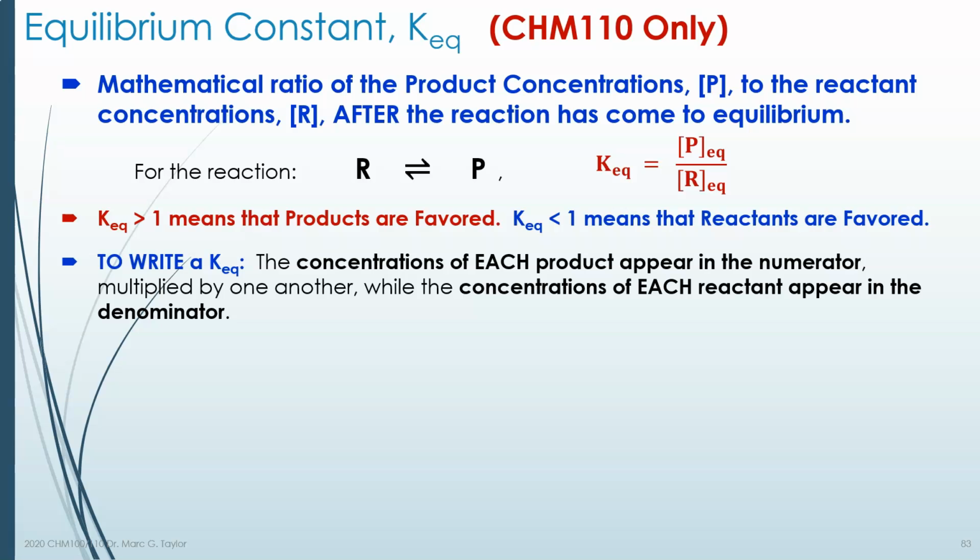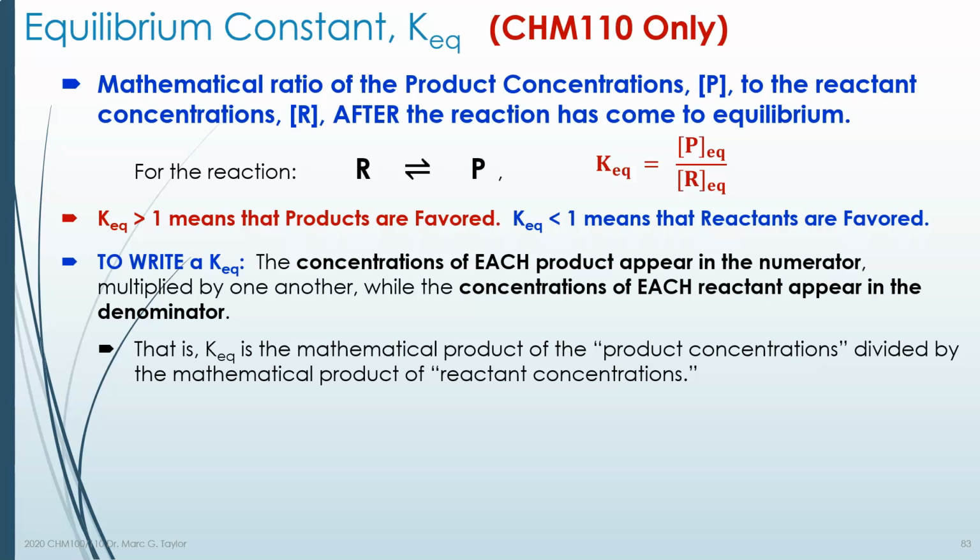While the concentrations of each reactant will appear in the denominator, just like we did in this first example, but you'll multiply each of the ones on the top together, you'll multiply each of the ones on the bottom together. So, in other words, the KEQ is the mathematical product of the product concentrations. Sorry to use the word product in two different ways here. It's the mathematical product of the product concentrations divided by the mathematical product of the reactant concentrations.